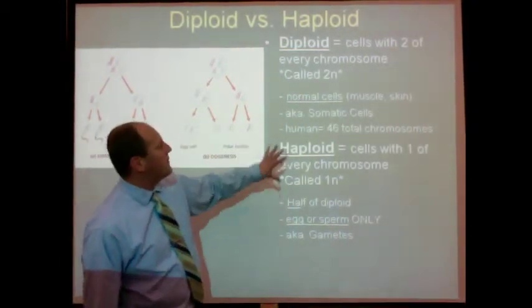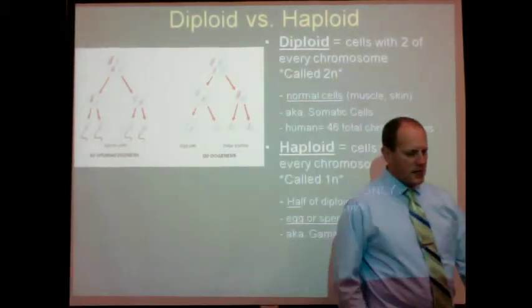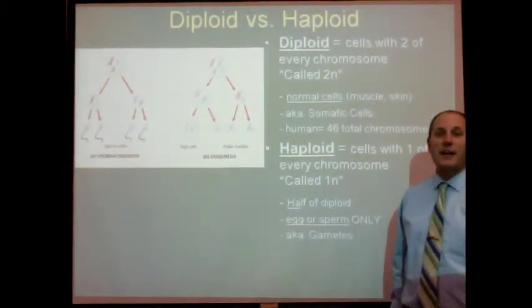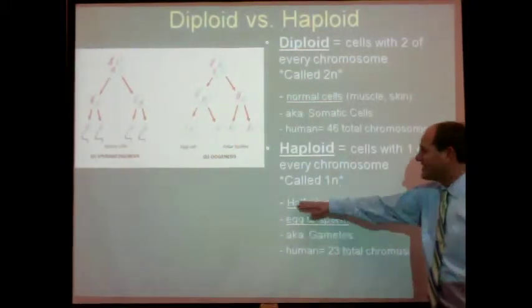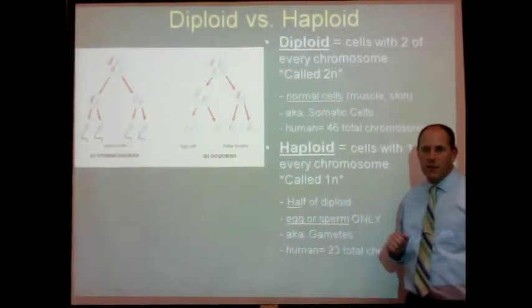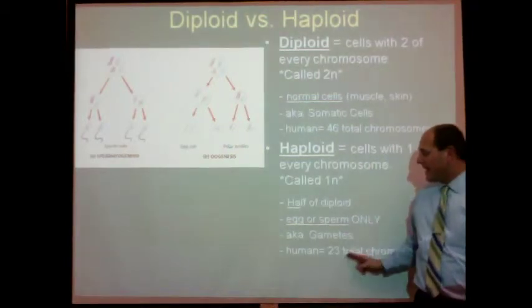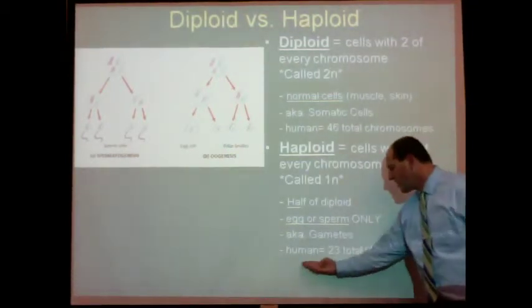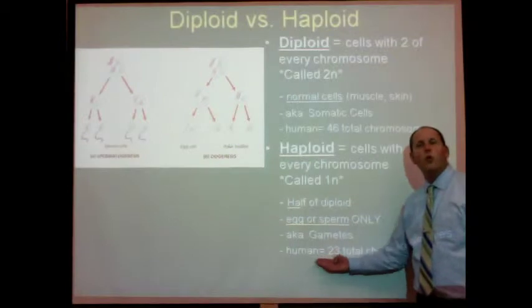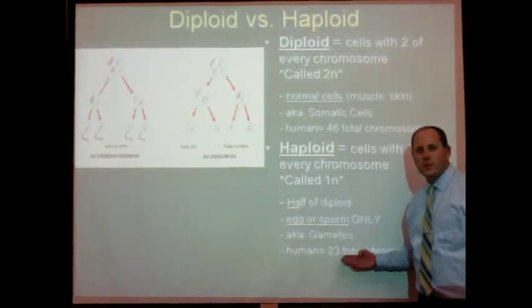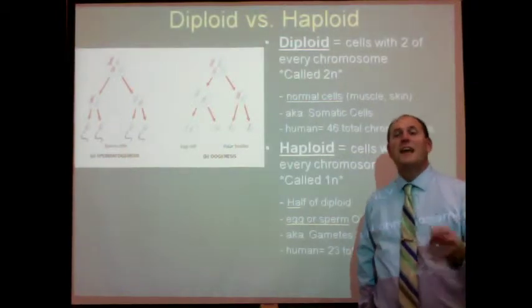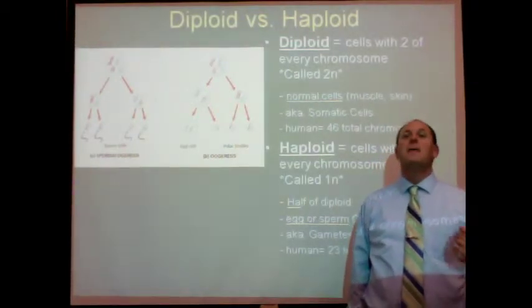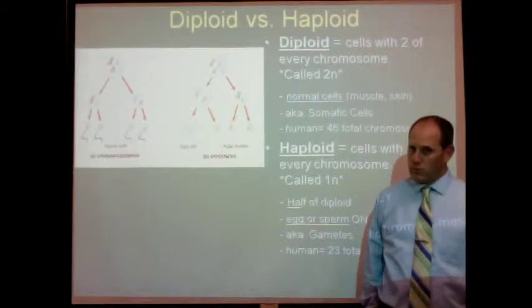So very important information here with these particular terms to make sure that you have dialed in very well. So our gametes, because they are half of a diploid cell, we take that 46, and in our egg or sperm cells, we have 23 total chromosomes. So that's half of our normal cells. And that plays a very big role in what we're going to be talking about here in this unit on reproduction.